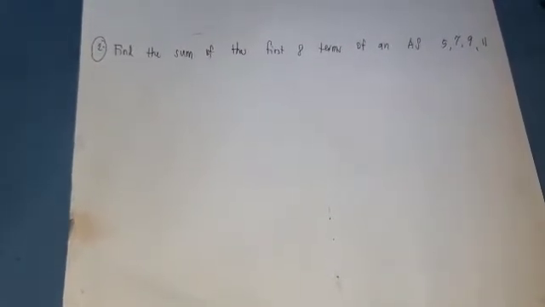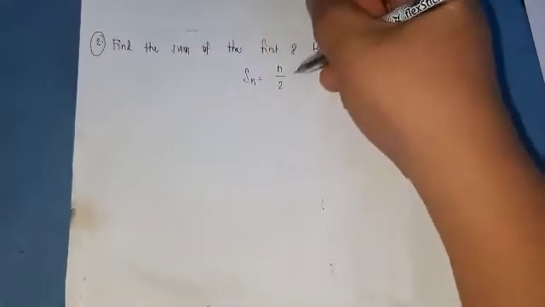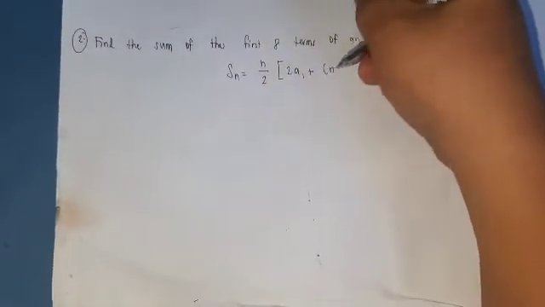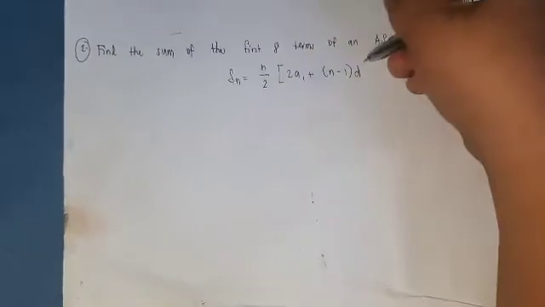Let me see if you really tried. And you check your own paper or notebook if your answer is correct. So still, you start with the given formula. S sub n is equal to n over 2 times the quantity of 2a sub 1 plus n minus 1 times d.